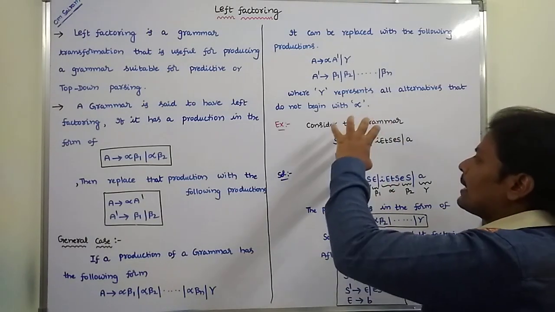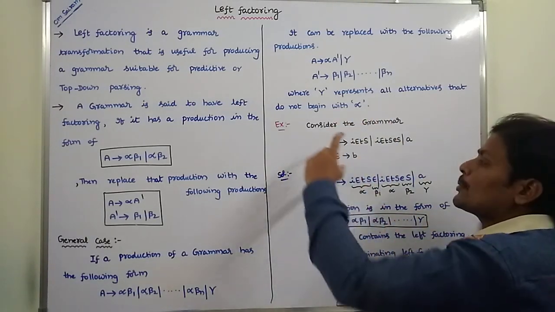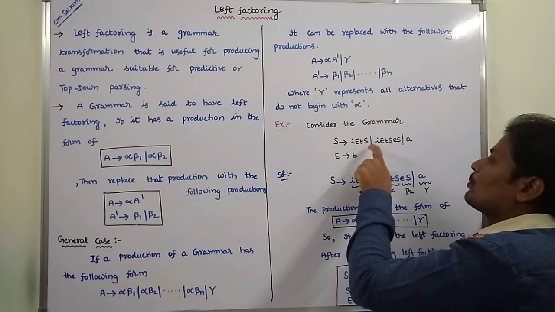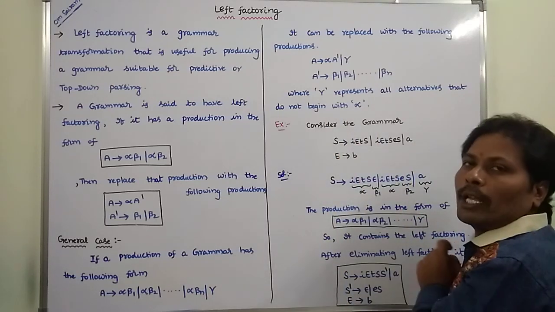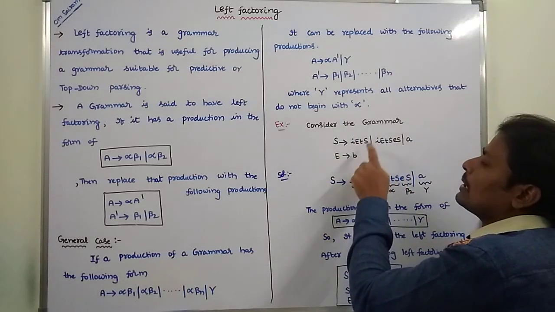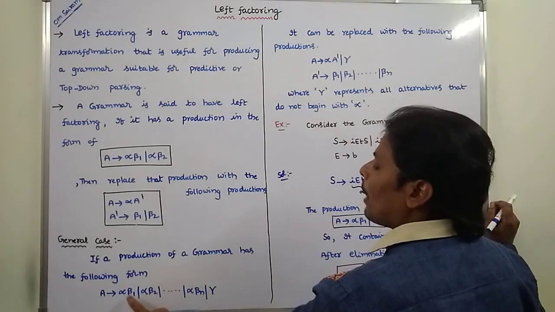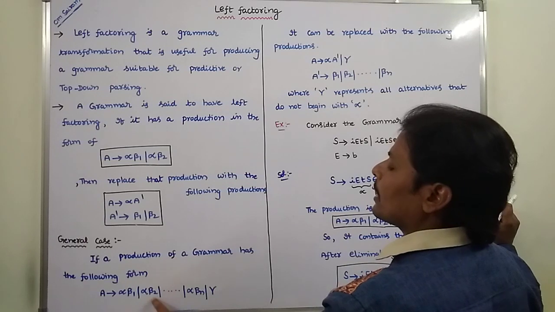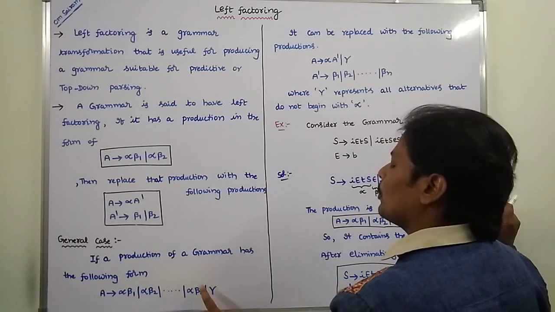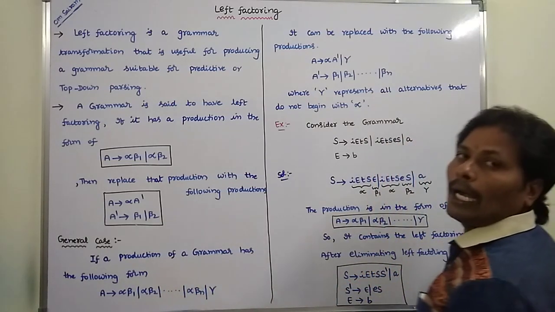When the given grammar has two productions, first we consider this production. This production is in the form of A tends to alpha beta 1 or alpha beta 2 up to alpha beta n or gamma.